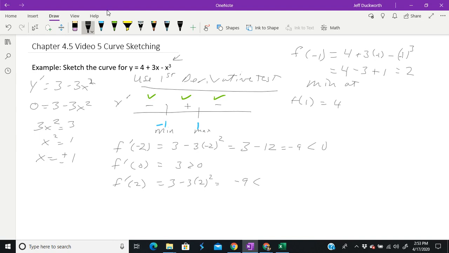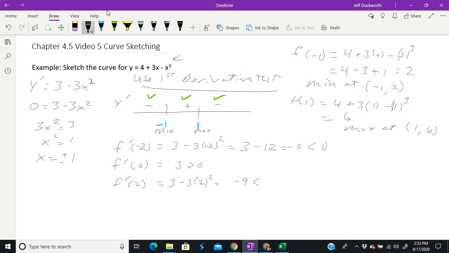So there's a minimum at -1 and 2. All right, let's see if I can do this one right. This is going to be 6, so we have a max at 1 and 6. All right, so those are two key points.